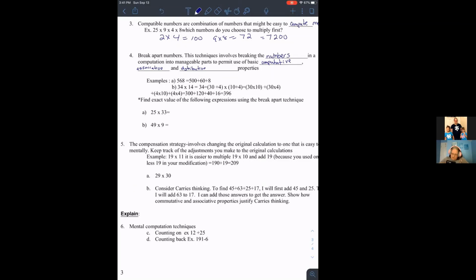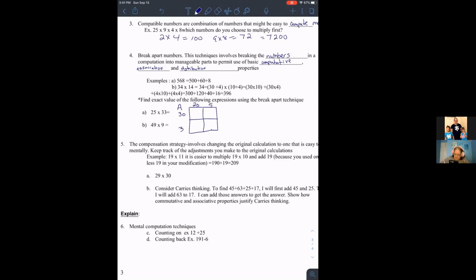I don't know if this is right, but this is kind of what I did. I took A, found this technique online. So it's saying 25 times 33. So 20 and 5 and then 30 and 3. 25 is the same as 20 and 5, and 33 is the same as 30 and 3.